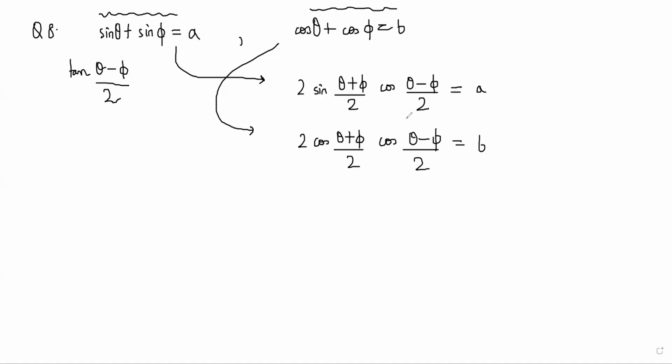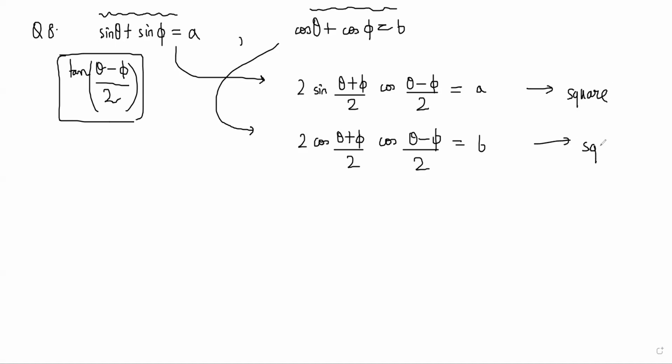Now obviously the first impulse is to divide, but that won't help you, because if you divide, you will remove the stuff that you need. You need tan of the angle (theta minus phi) by 2, not (theta plus phi) by 2. So what you can do is square both and add.